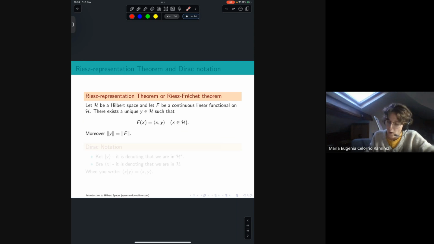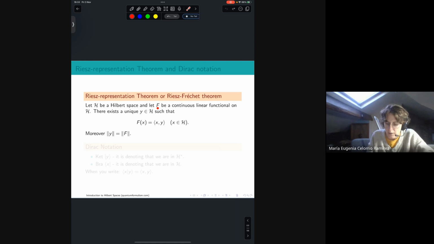Let's take the one F. And then there will be one element y in H such that for any other element x that we take in the Hilbert space, f of x is exactly the same as if we do the inner product of x and y. What is happening?